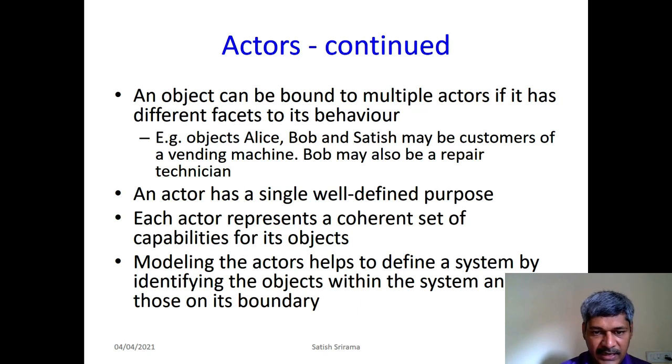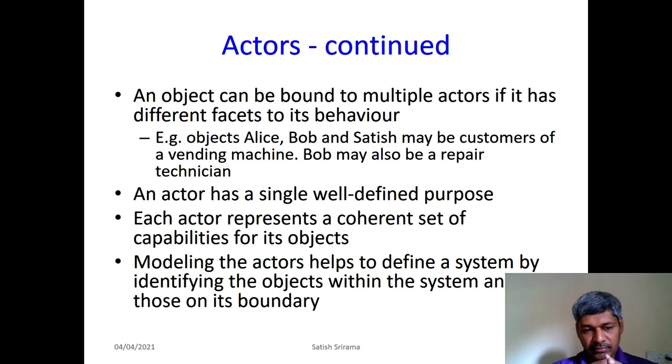But at the same time, Bob has a different facet, so Bob may also be a repair technician. In that case, Alice, being a person and an object, is bound to one actor, but Bob is bound to two actors, a customer and also a repair technician. So an object can be bound to multiple actors.